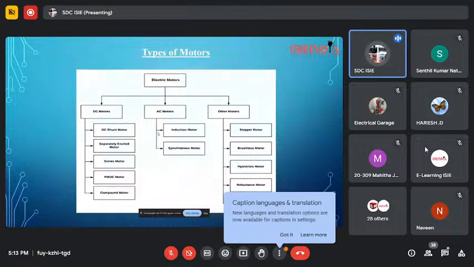If we talk about induction motors, there are single phase motors and three phase motors. Again, in induction motors, there are squirrel cage motors or slip ring motors. So there are different types. Again, in synchronous and asynchronous, there are n number of motors in AC motors as well as DC motors. But if we talk about other or special motors, there are stepper motors.